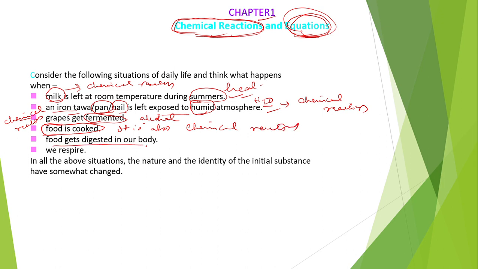Food gets digested. See, digested in our body. Digested means food plus HCl. It is also a chemical reaction. Where are you getting HCl? Our stomach itself, HCl is there. So food reacts with HCl, and you will get the required amount of energy.